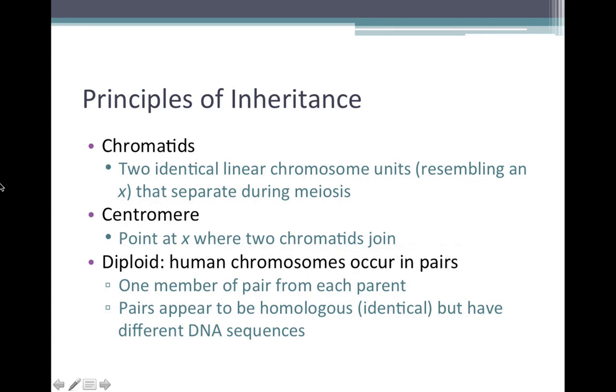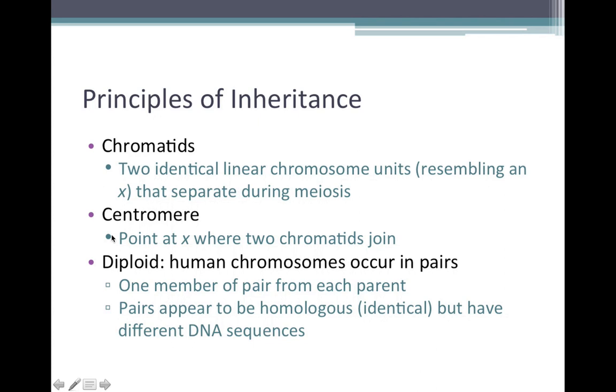Now, in terms of the principles of inheritance, ultimately what we're talking about is someone's genetic makeup. It turns out that humans have 46 chromosomes. And these 46 chromosomes come from two identical linear chromosome units.